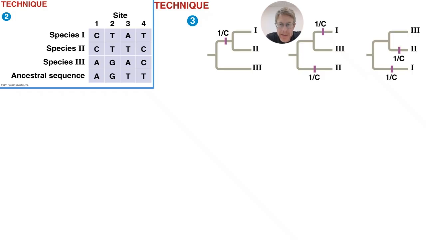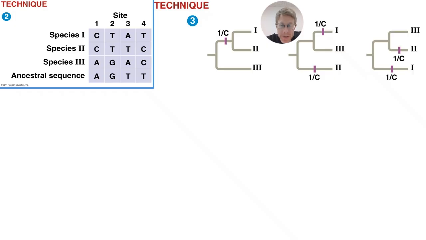So if you look at the tree on your left, this one, you can see at site 1, if the ancestor had the adenine nitrogenous base at site 1, then that would have had to have changed to a C, okay, before 1 and 2 evolved.